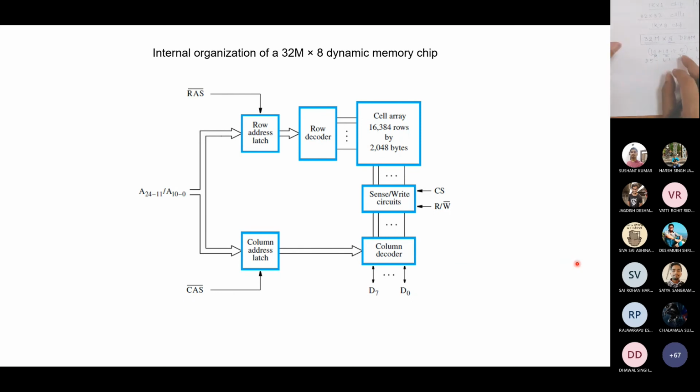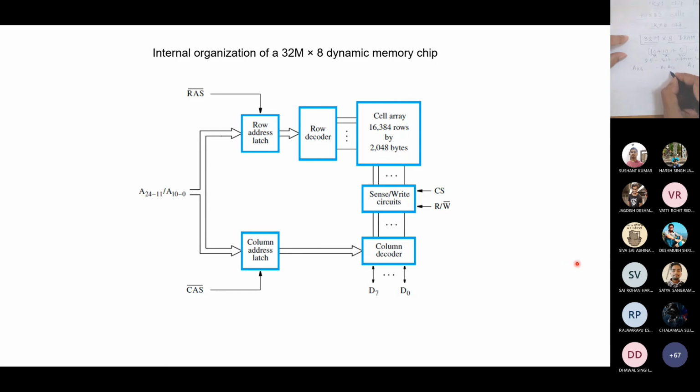Now, if the separation happens like this, so the address lines are A24 to A0, and here it is A10, it is A11.